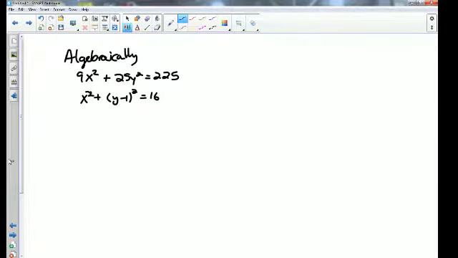I'm going off memory there. How am I going to solve that algebraically? Any ideas? We talked about it yesterday with the linear equation. Can you implement that thinking into this?